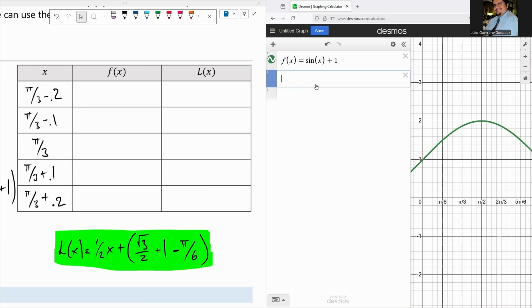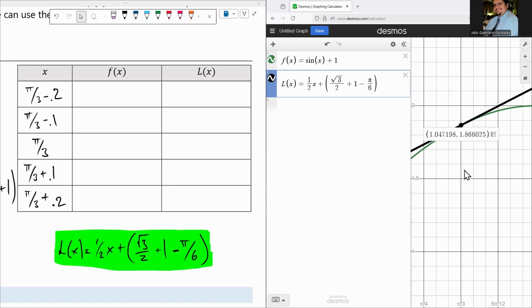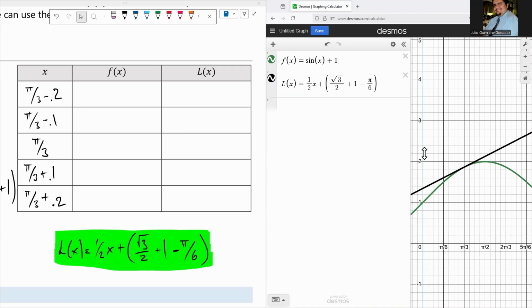And then my next one is L of x, my line that I just found: 1 divided by 2 x plus square root of 3 divided by 2 plus 1 minus pi divided by 6. There we go. And lo and behold, it looks pretty tangent at the point that I need, which is good.